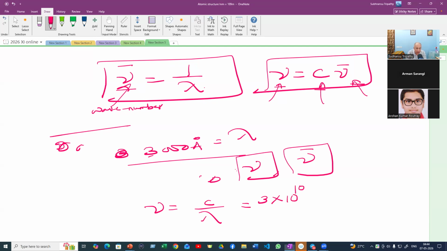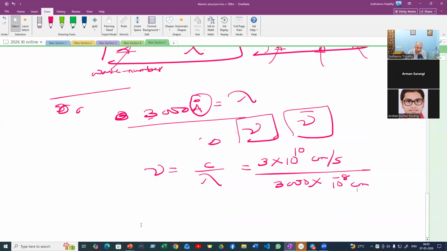Supposing we use centimeter per second, and lambda is 3000 in angstrom. For calculation, immediately change it to 10 to the minus 8 centimeter. Centimeter will cancel, and it will remain only per second.